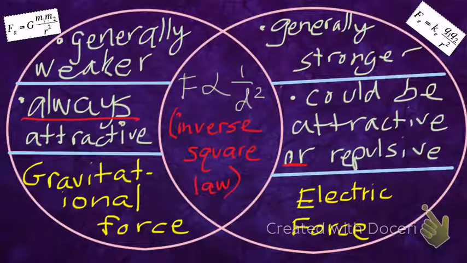Other than that, the gravitational force is generally weaker because of the constant G, and the electrostatic force is generally stronger because of the constant k electrostatic. And while gravitational force is always attractive, electrostatic force can be attractive or repulsive depending on the charge.